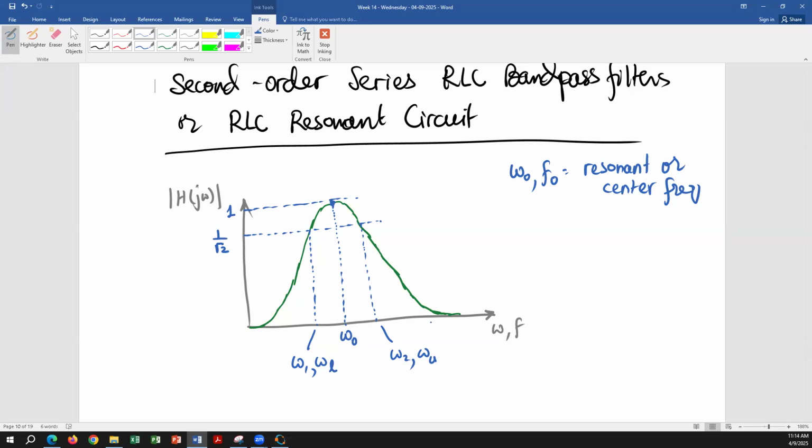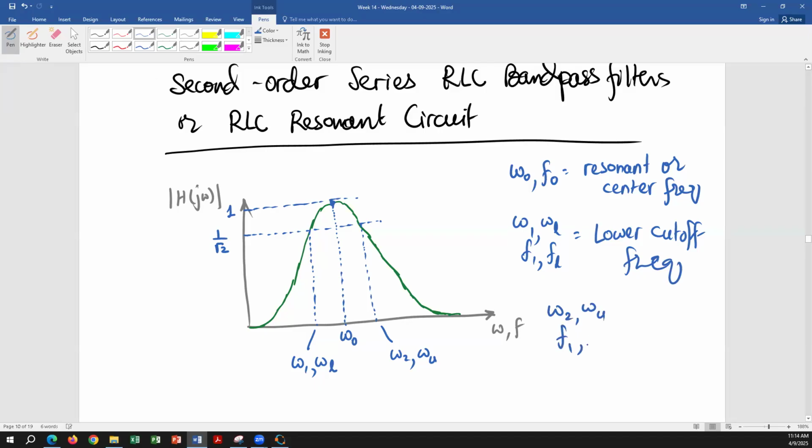In terms of F, this is F1 or F lower, the lower cutoff frequency, and F2 or F upper, the upper cutoff frequency.